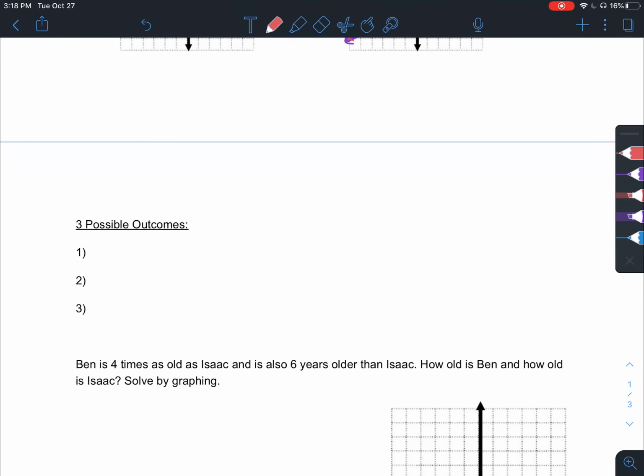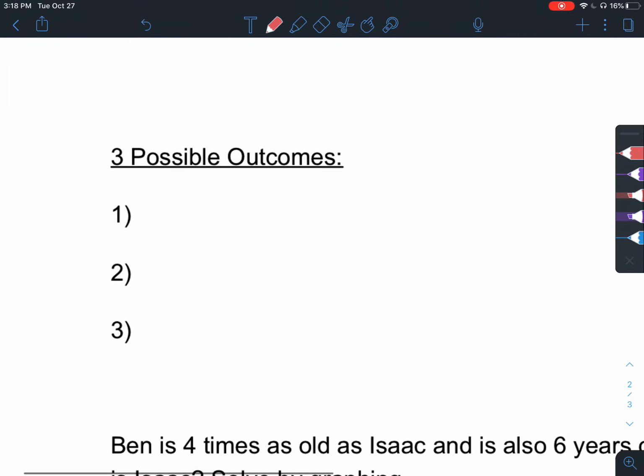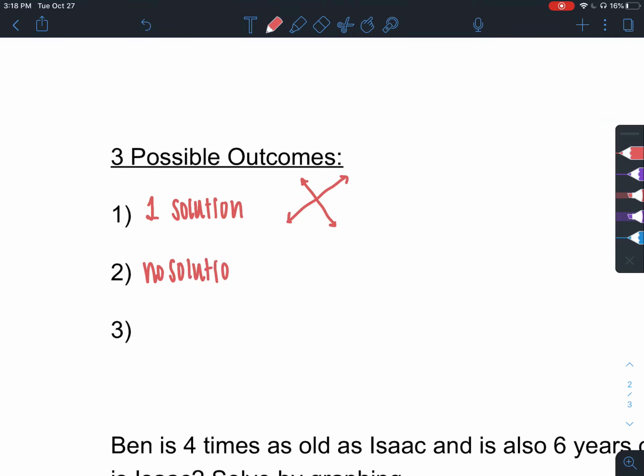So there are three possible outcomes to our graph that we just found. You can have one solution. That's going to be where they intersect. You could have no solution. That's where our lines are parallel.